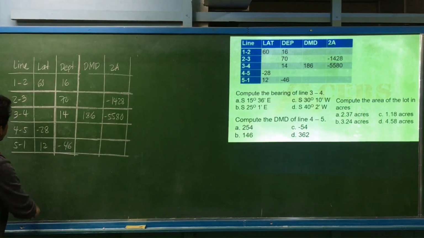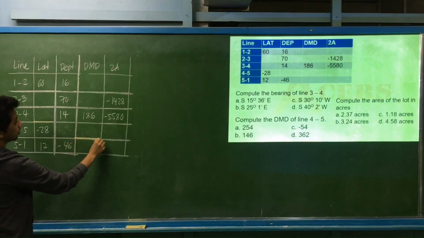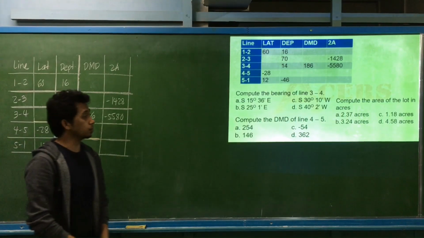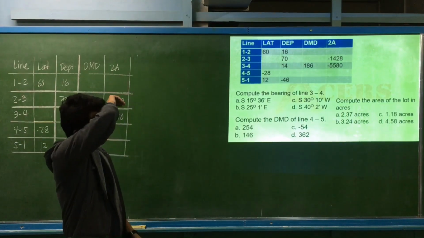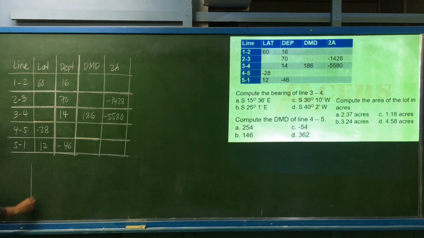Then compute the area of the lot in acres. So how do we get the bearing? We need the departure and the latitude of the given line.